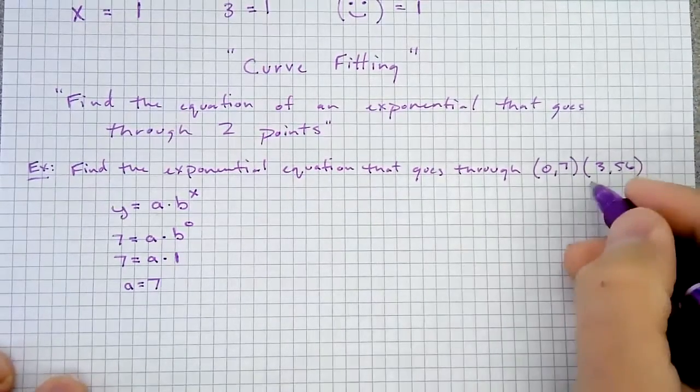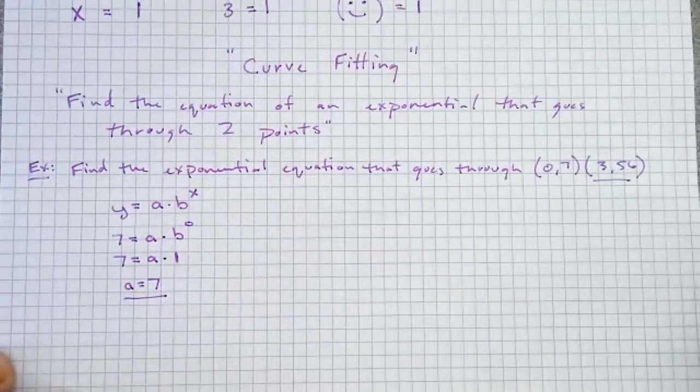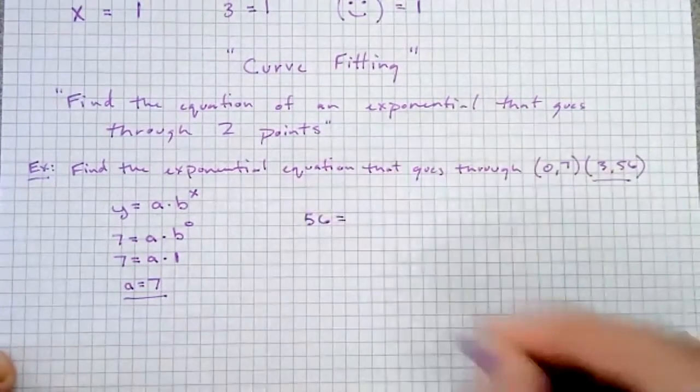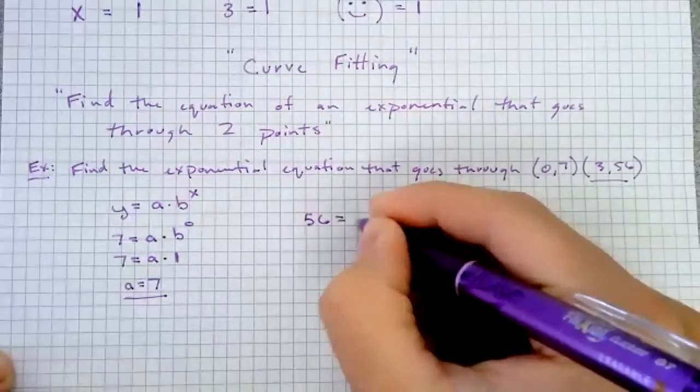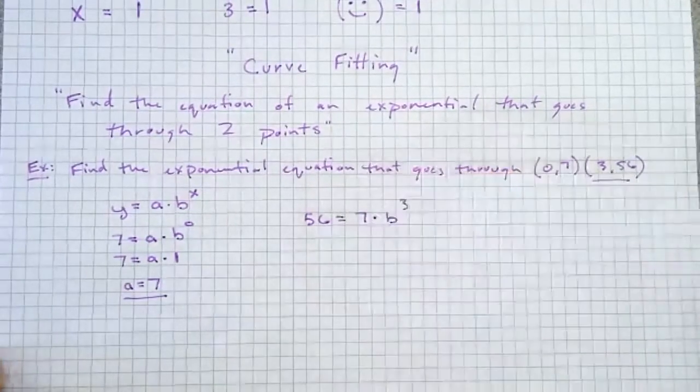So now if we use this second point, we plug it in for x and y along with a equals 7, we get 56 equals 7 times b cubed.